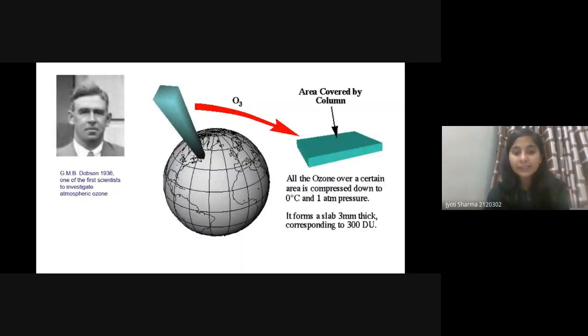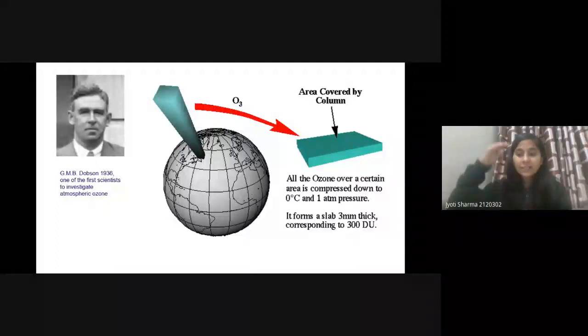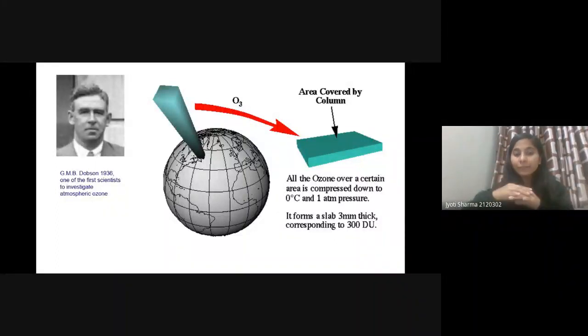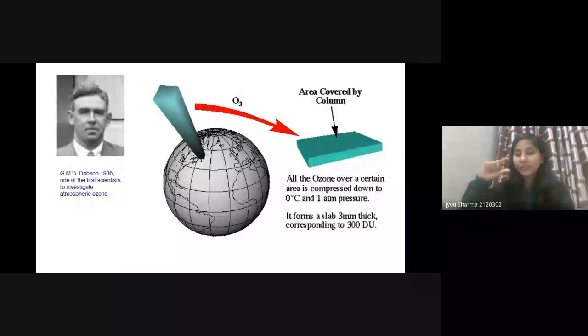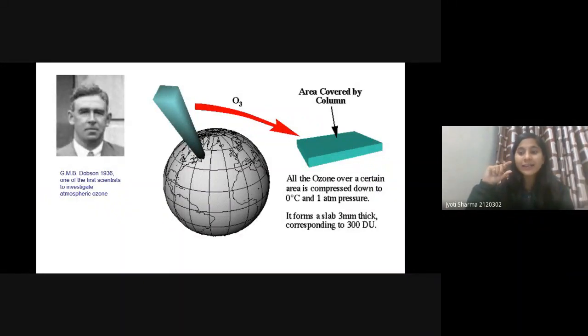And here we can see that, as I told you, in the stratosphere, ozone is present, right? And at some height. So you have to see the thickness of the slab, because ozone is present with some thickness. We have to measure that thickness, and that thickness is nothing but length. That's why I told you that meter can also be the right answer.